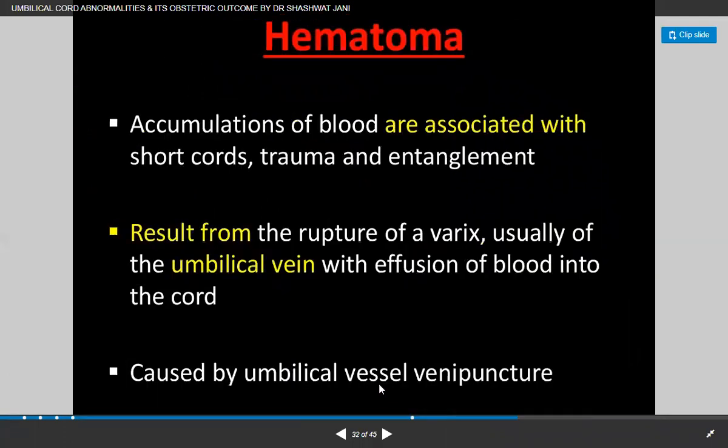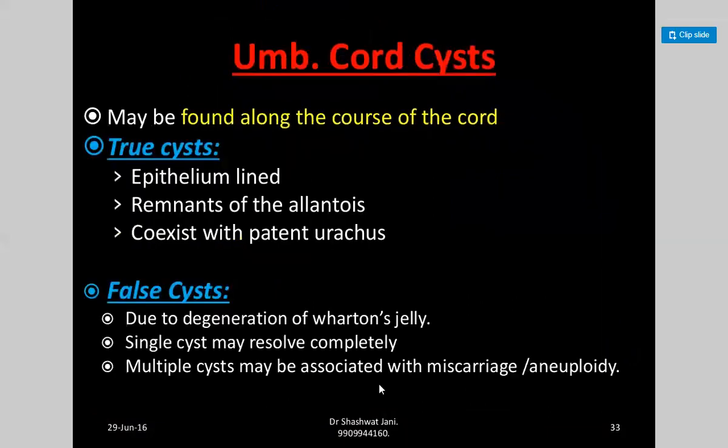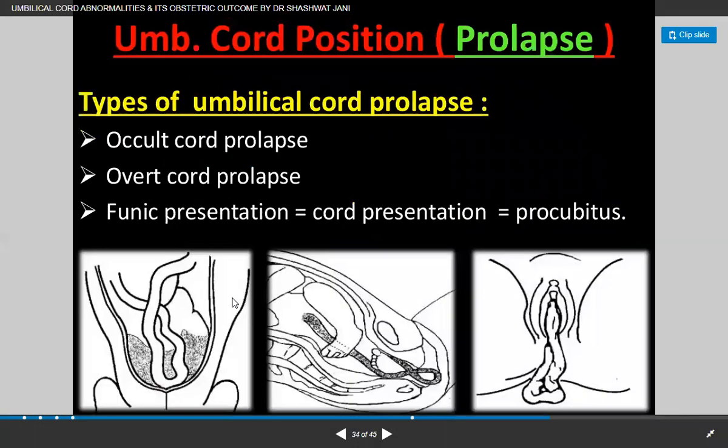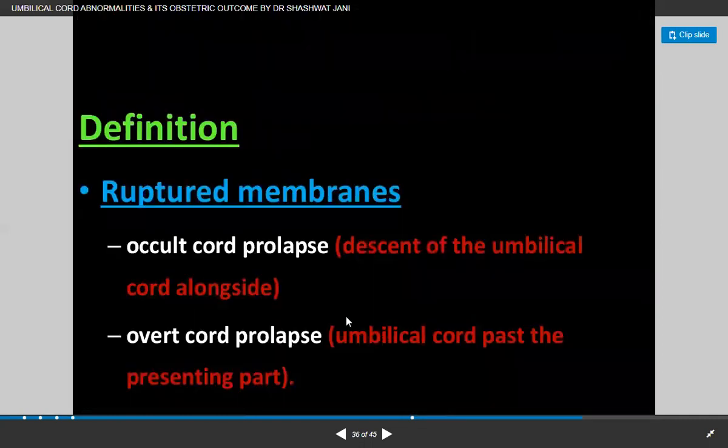And hematoma, that is a collection of blood. Then presence of cyst, again two types, true cyst and false cyst. Then cord prolapse: occult cord prolapse, overt cord prolapse, and cord presentation. Then the image of the prolapse of umbilical cord.